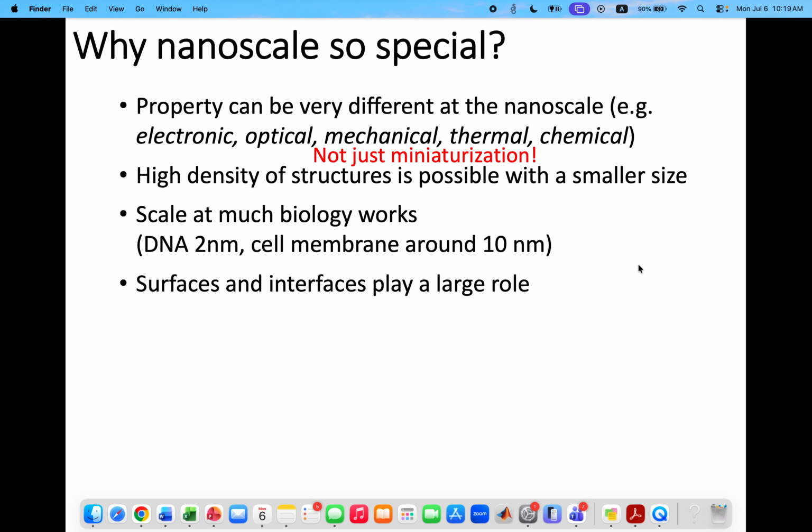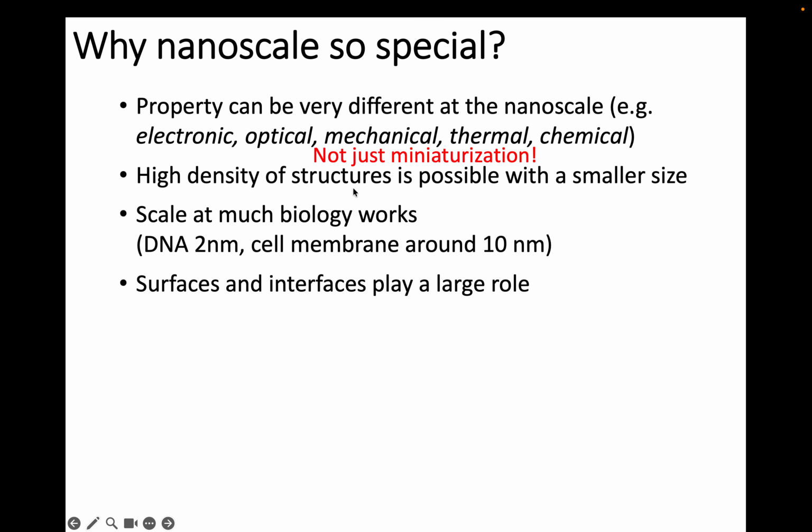Also, we can talk about miniaturization. As you scale down, a high density of structures is possible because we are dealing with smaller sizes. Also, the scale at which biology works is essentially the nanoscale.